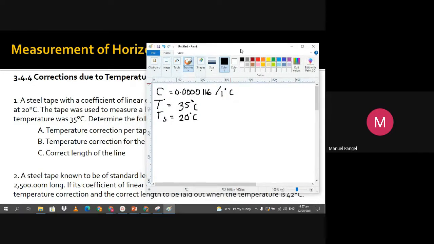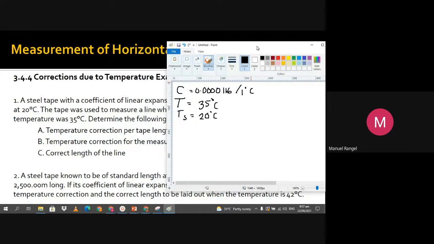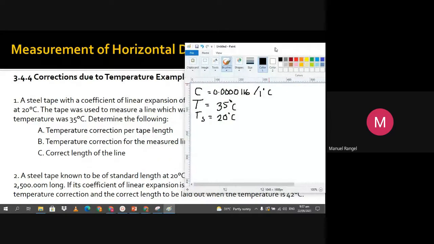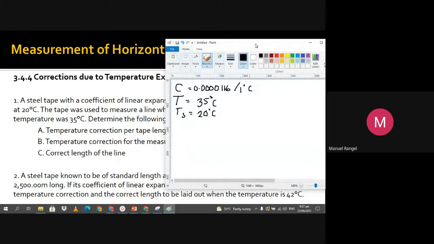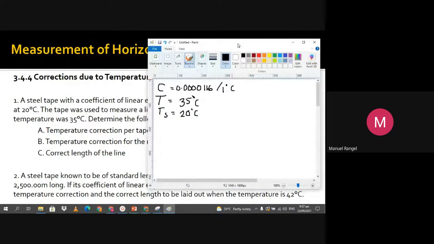Then correct for letter A, determine the correction per tape length. So per tape length. Hindi pangita. So unsa atong formula sa correction due to temperature, CT is equal to CL, the actual temperature minus the standard temperature.